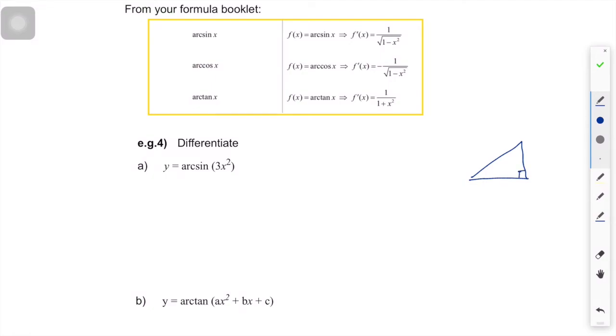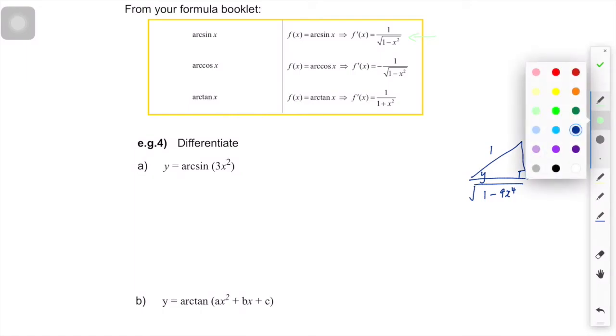It's not very good, but that's okay. And here is your angle y. Since we're dealing with sine, opposite is 3x squared over hypotenuse 1, making the bottom side square root of 1 minus 9x to the power of 4. Now see how this matches with the actual denominator of the formula for the derivative of arcsine.